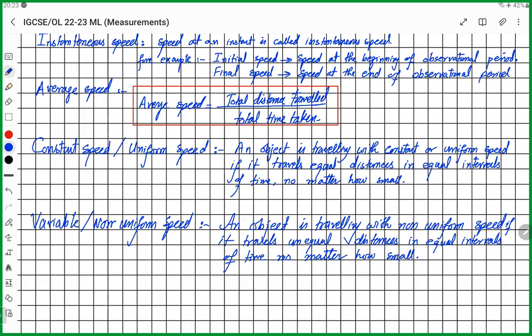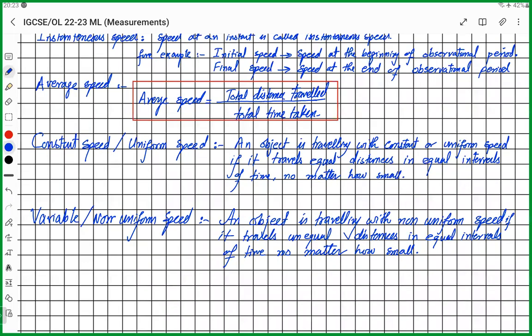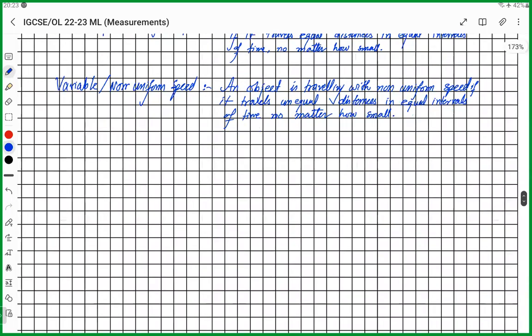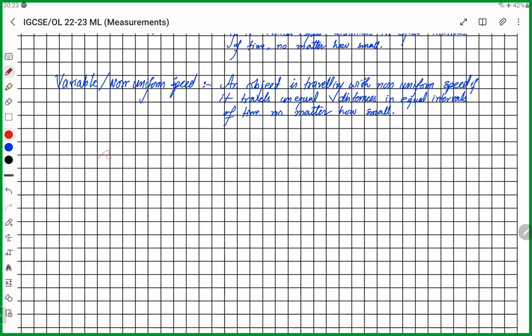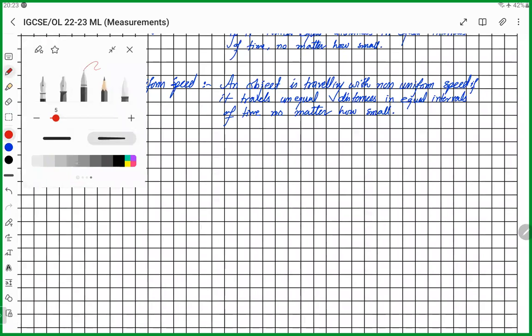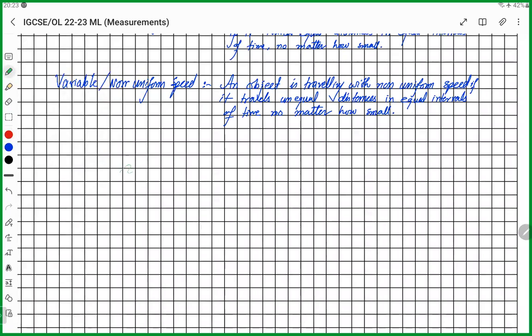So, if an object travels equal distances in equal intervals of time, it is traveling with uniform speed. And if an object is not traveling equal distances in equal intervals of time, it is traveling with a variable speed. Now, to understand that, I'm giving you an example. For example, there is this tree.